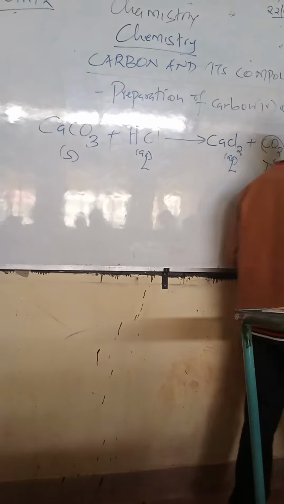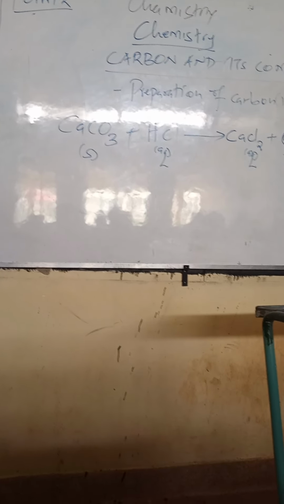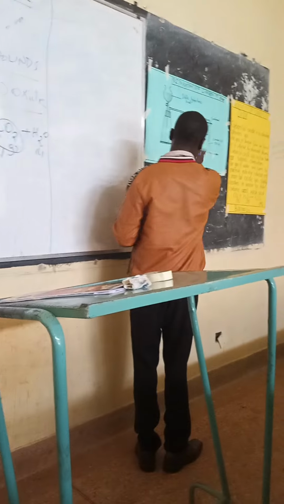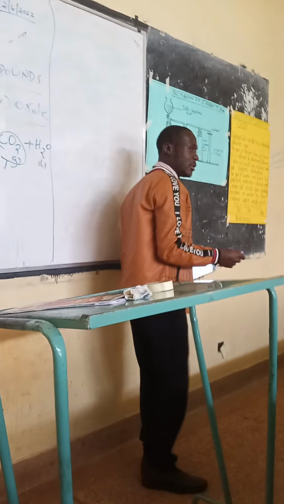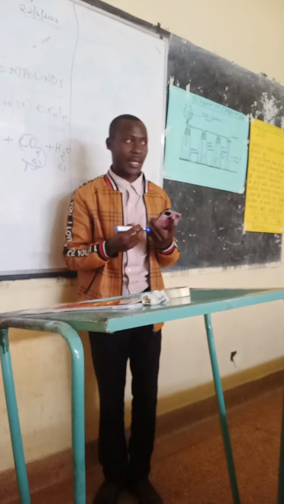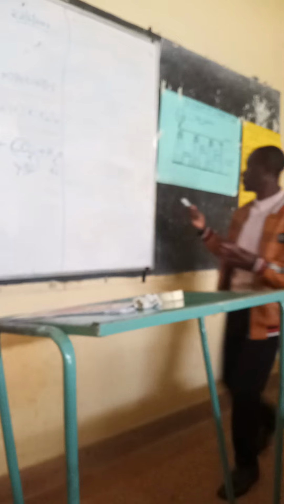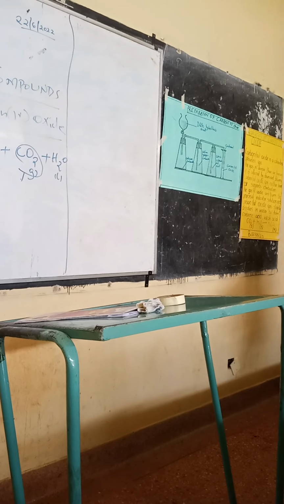Now, at the end of the day, this carbon dioxide will pass through these tubes to go via sodium hydrogen carbonate. So, what is the function of sodium hydrogen carbonate, class, in this kind of setup? Yes, Benedictus.